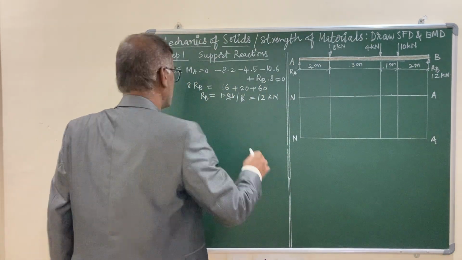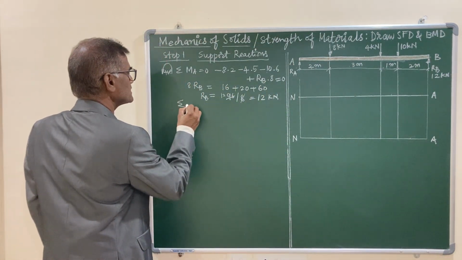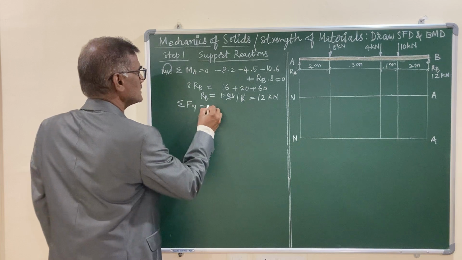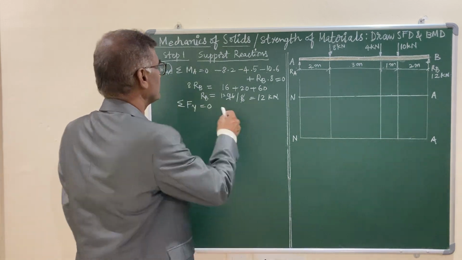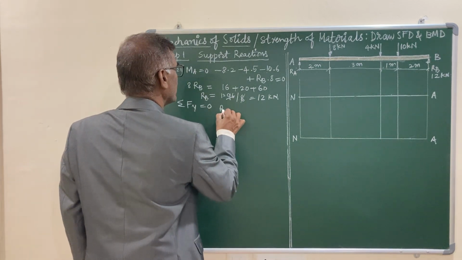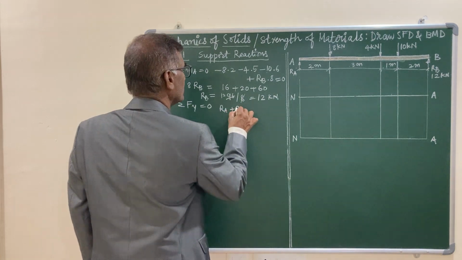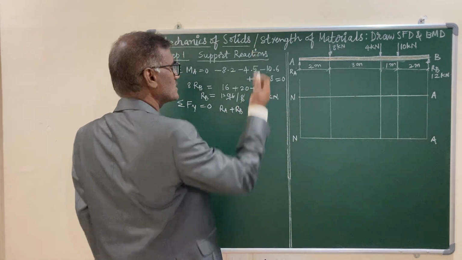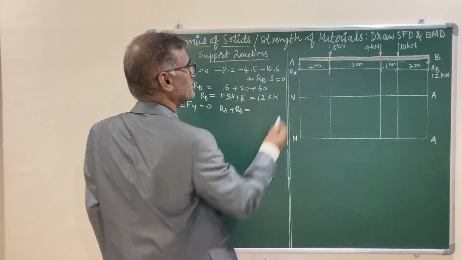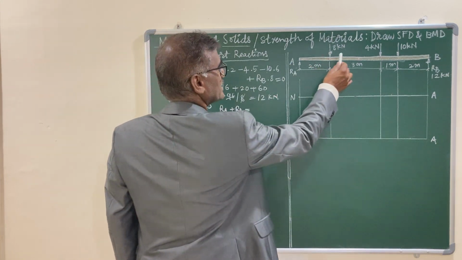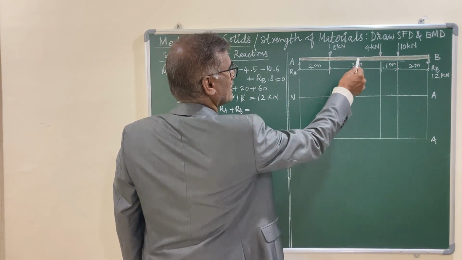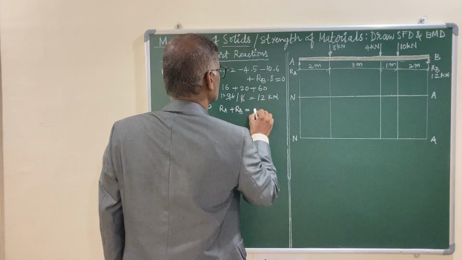And if you write sigma Fy, the sum of the forces along the y direction equals 0, it gives you RA plus RB. These two are pointing upwards, positive, and the other side it becomes negative. That is 8 plus 4, it is 12, 12 plus 10, 22.